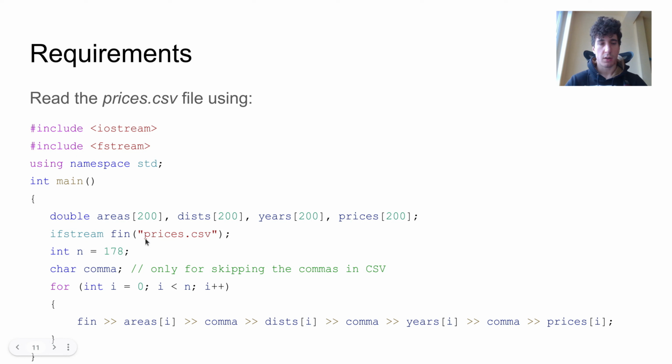Here we declare the input file, the prices.csv. We know we have 178 apartments, and here we read from the file the areas, distances, years, and prices. So basically we take what's in the file and put it in our program, in our arrays.